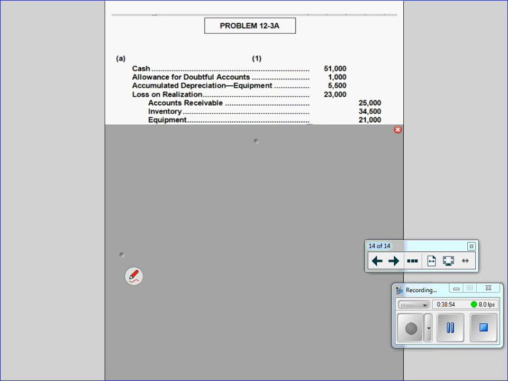Like we're closing them, we're getting rid of them. We figured out though that we lost $23,000. So you remember from yesterday, a gain is a credit, a loss is a debit, because it's kind of like an expense's cousin. It wasn't money coming in. So you might want to just write, had it been a gain, that would have been a credit. It was a loss though, so that's seen more as an expense, kind of a hit to the business.